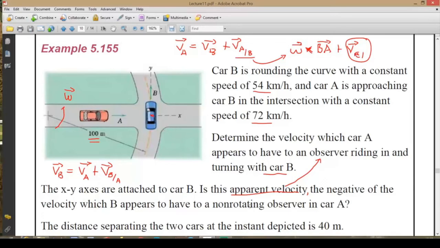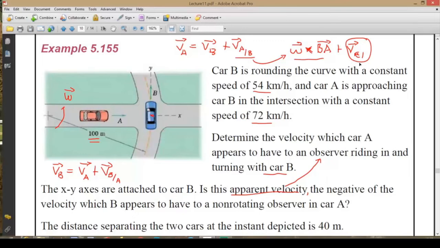Therefore, the answer to this question is no. Actually, we have an extra term, and this extra term is due to this rotation. But the negative of velocity of B with respect to A is equal to the velocity of A relative to B. So there is a distinction here because of the rotation. And then the apparent velocity to the observer that is sitting inside this car is just V relative. And in the question, this is asked.